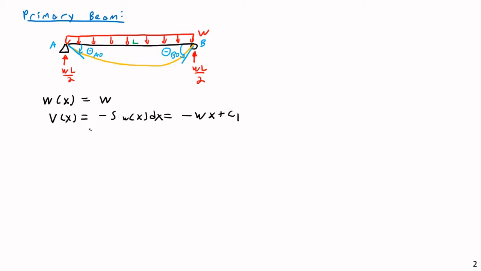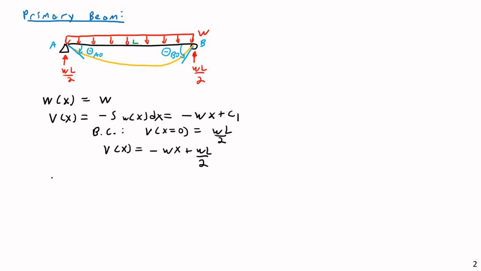But I do have a boundary condition here, so we need to get that C1. And the boundary condition is that the shear V at x equals 0 is equal to WL over 2. So therefore, V as a function of x is equal to negative Wx plus WL over 2. And now we have our shear function.